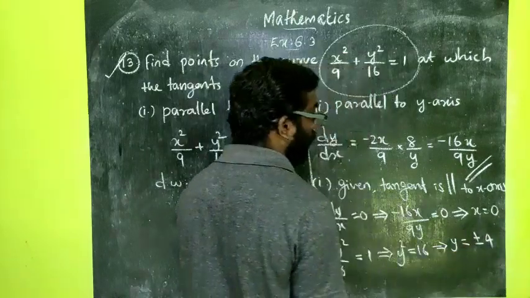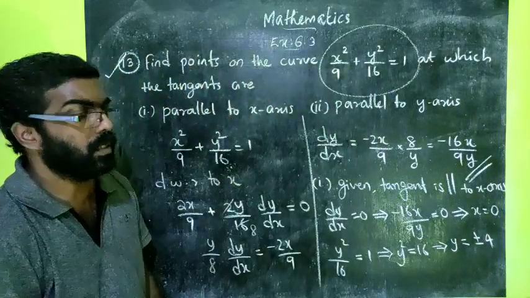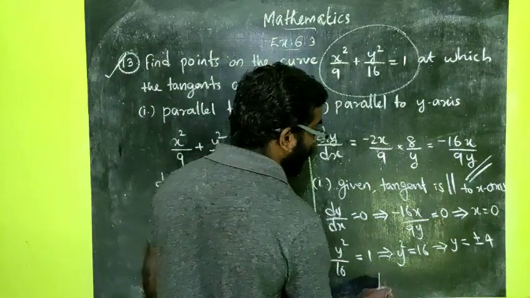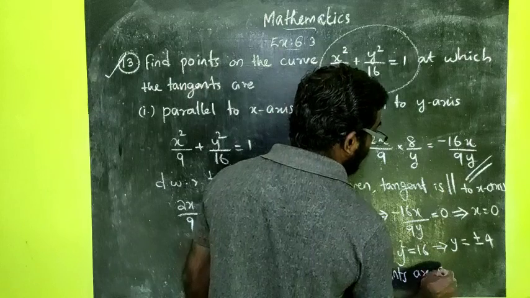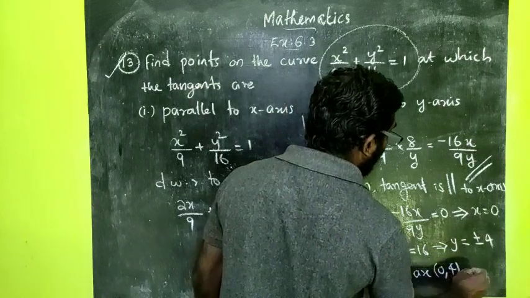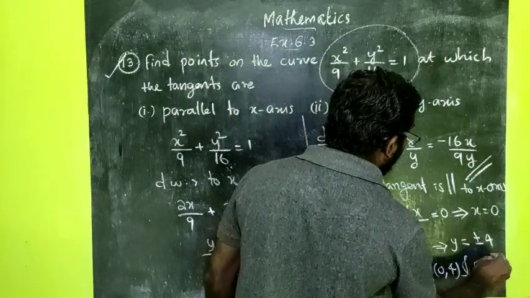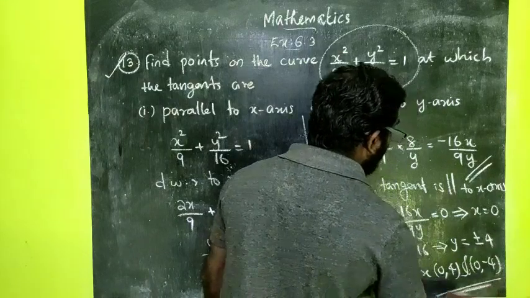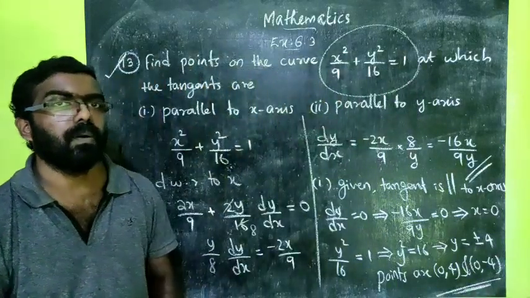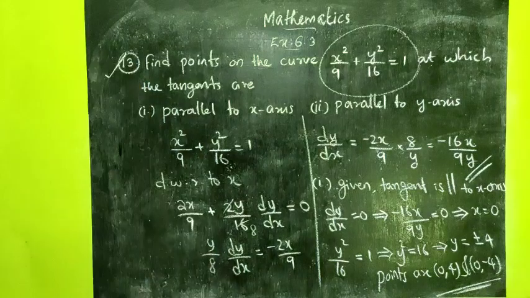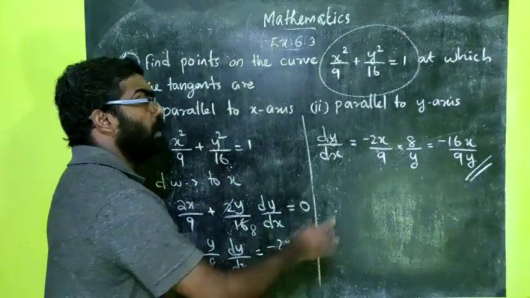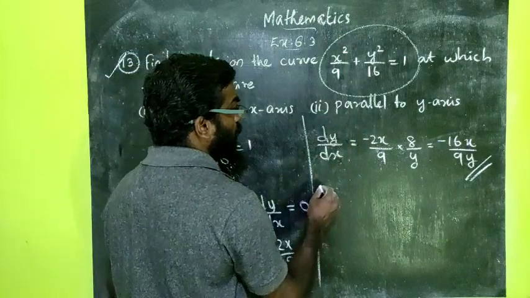Root 16 will be equal to plus or minus 4. So the required points are 0, 4 and 0, minus 4. Okay, the points are 0, 4 and 0, minus 4. Clear? Now you can consider the second part.